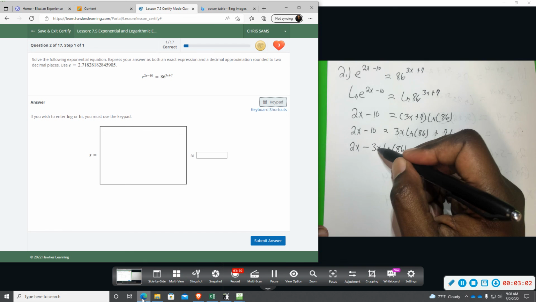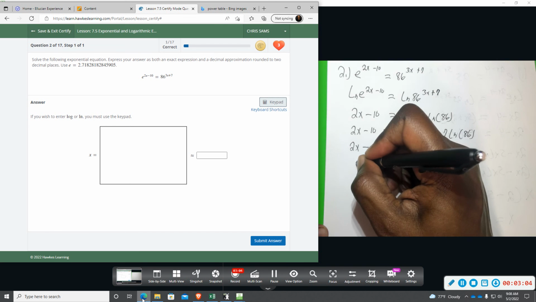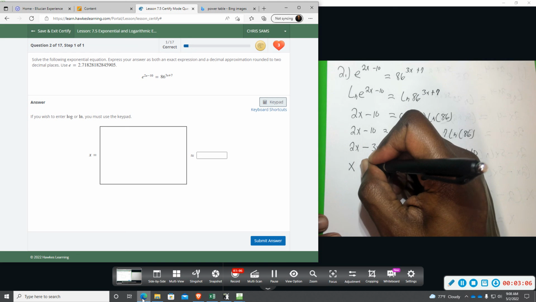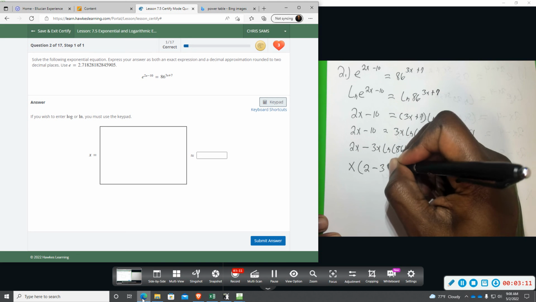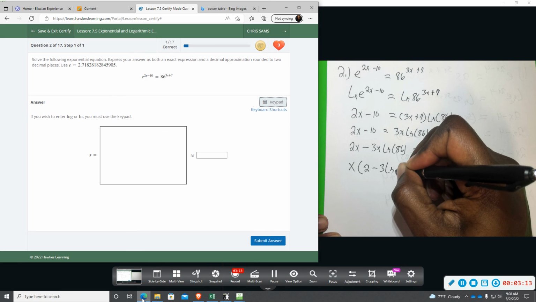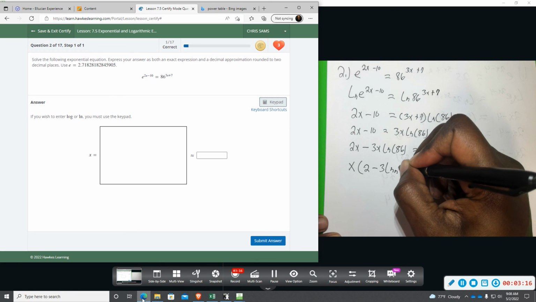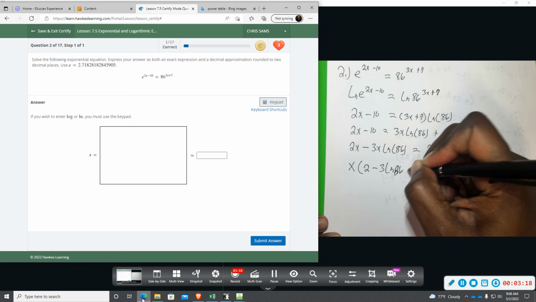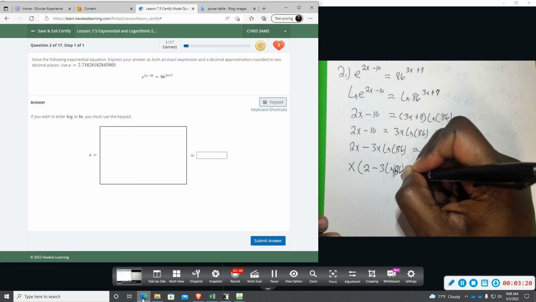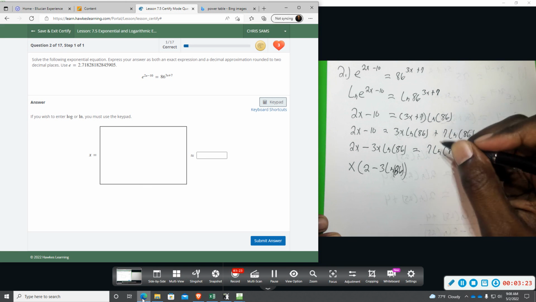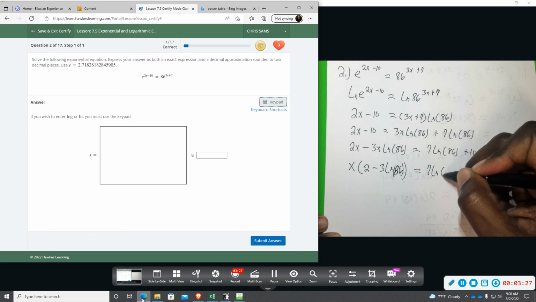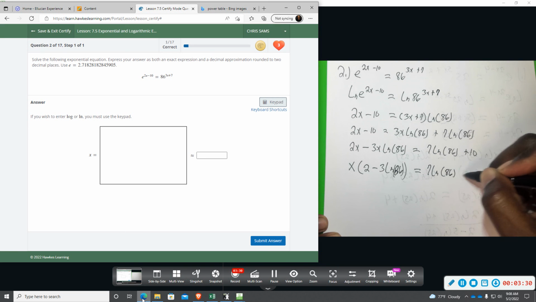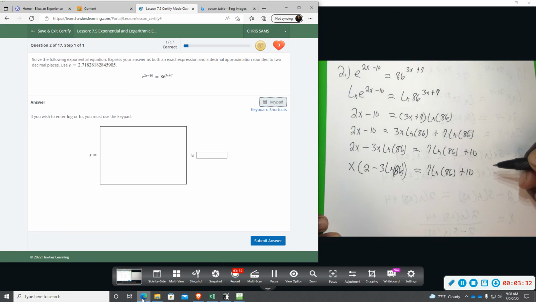And then over here, I can factor out an x from both of these terms. So I have an x on the outside, and then inside I'll have 2 minus 3 ln of 86. And then on this side, it's going to be the same. And then my last step, I'm going to divide both sides.